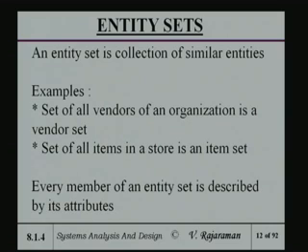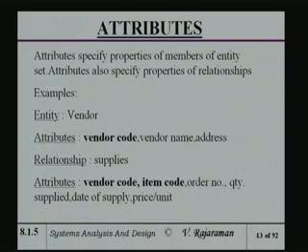If you take a vendor, the vendor will have certain attributes. For instance, the vendor will have a vendor code, because I said you need a unique identification for any particular entity, and I have put in boldface the key field, or the unique identification of that particular entity.